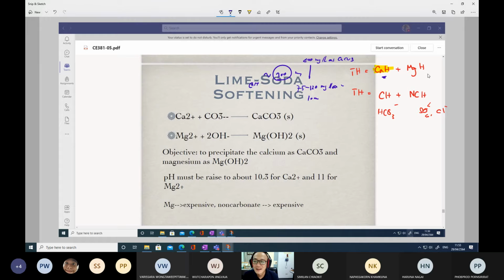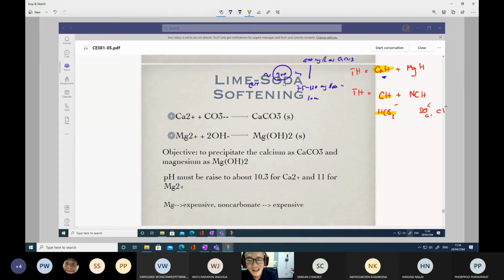Okay. And in terms of the negative charge, our first priority is also to remove carbonate hardness first. If it's not enough, then we go for the non-carbonate hardness.